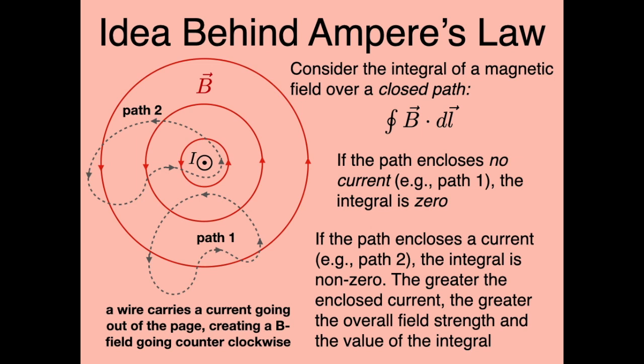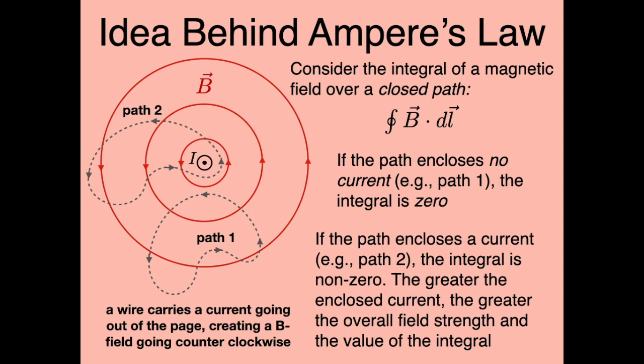So there's a crucial difference between these two integrals. If I do the integral of B dot dl for path 1, I'm going to get 0 every single time. As long as that path is enclosing no current, I get 0 for my integral of B dot dl. For the other path, the one that is enclosing a current, I'm not going to get 0 for that integral.